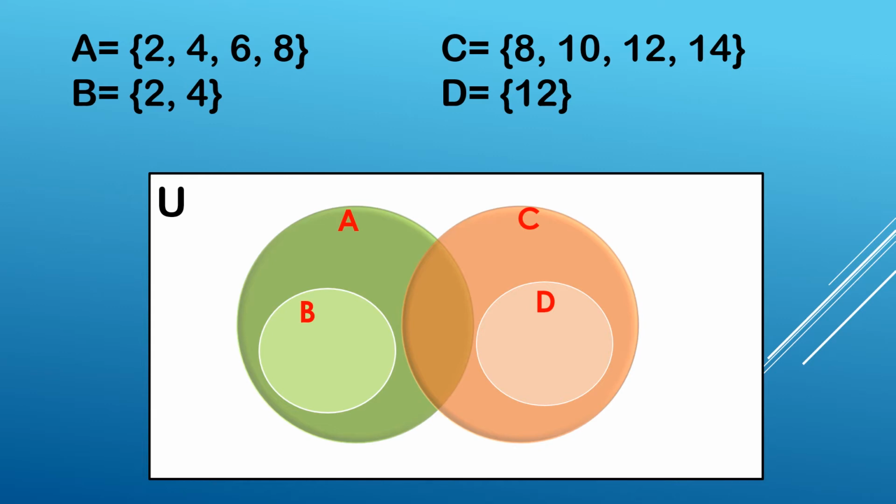So kung napapansin niyo, may common elements si A at B at yun ang 2 at saka 4. So ilalagay natin, since si set B ay nasa loob ni A, dito natin ilalagay ang elements ni set B, ang 2 at saka 4.